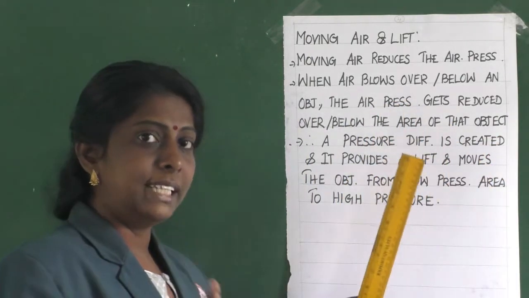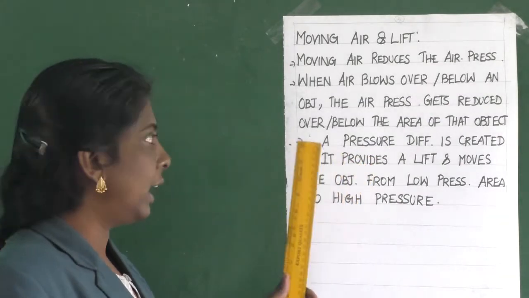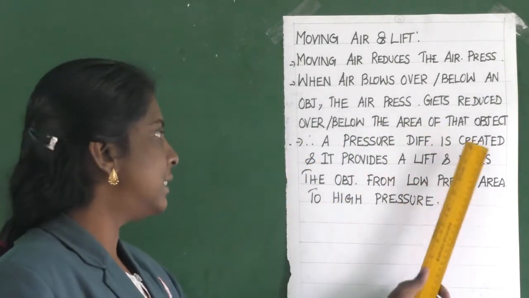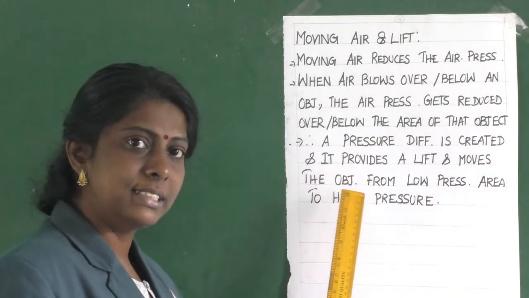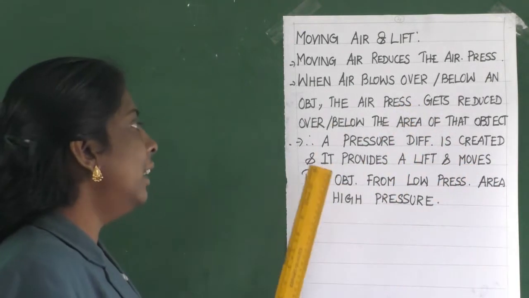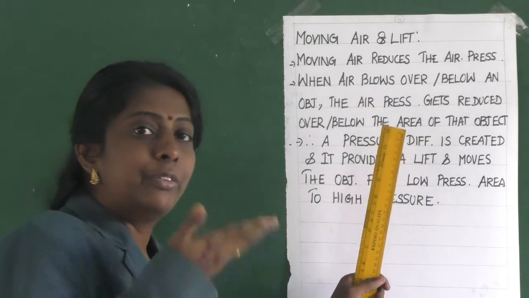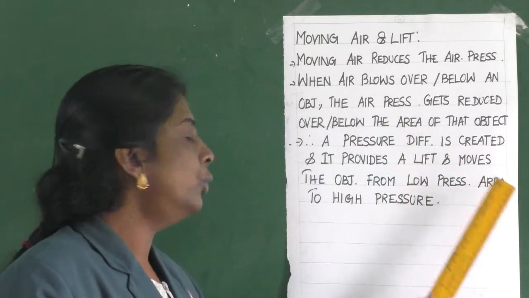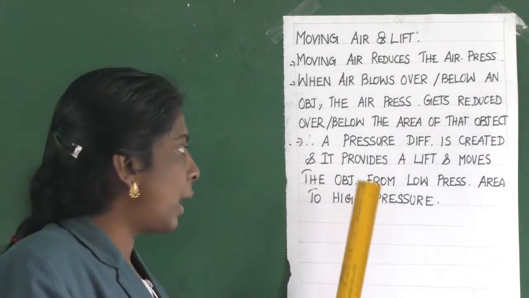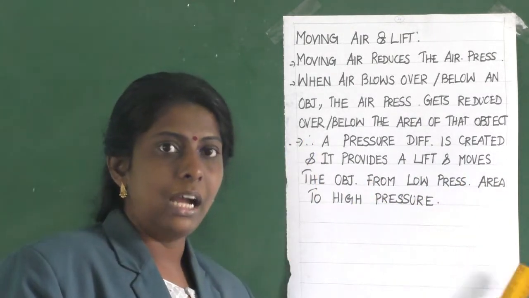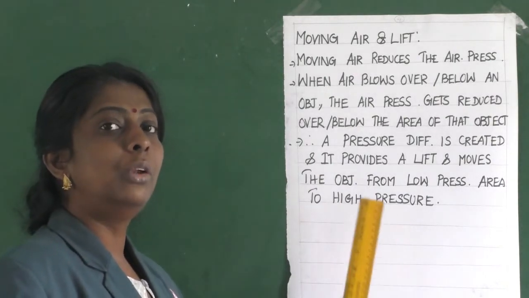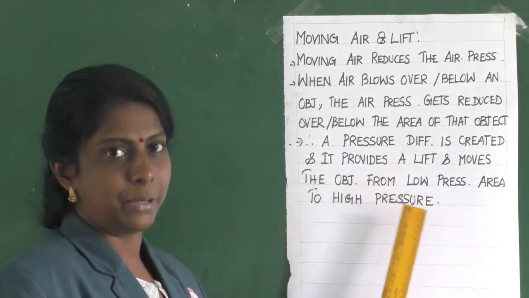So it creates a low pressure in that area. Therefore, a pressure difference is created and it provides a lift. What will happen? It provides a lift and moves the object from low pressure area to high pressure.